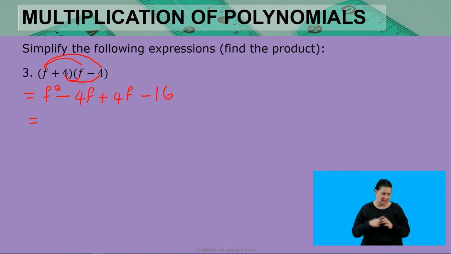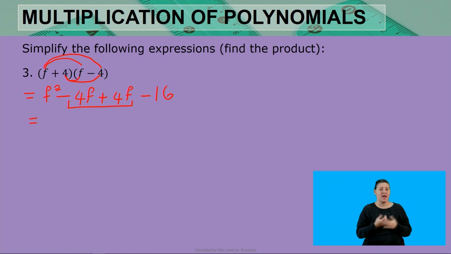Now we need to simplify this further, and that is by looking for the like terms. The like terms, if there are any, we need to add or subtract them. If we look at the like terms there, we have a negative 4f and a positive 4f. Remember, they are like terms because they have the same variable, and the exponent for that variable is 1.